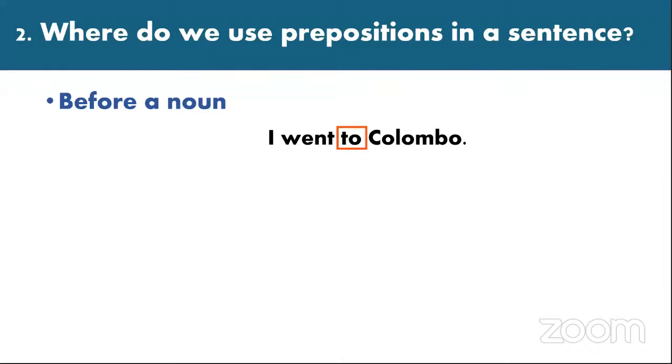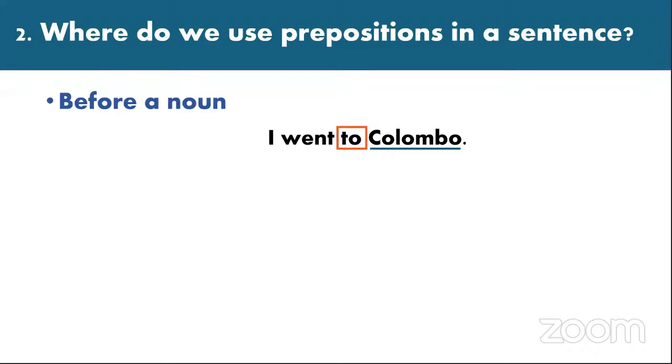Then see whether the preposition to is used before a noun. What is the noun here? Colombo. Colombo is a noun.